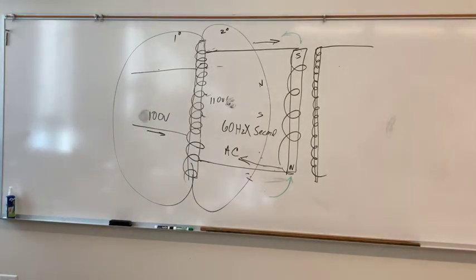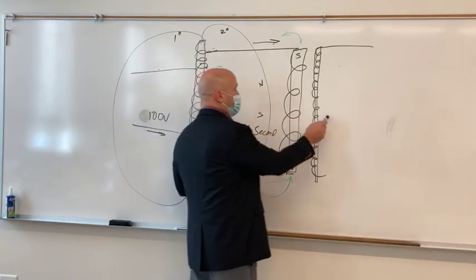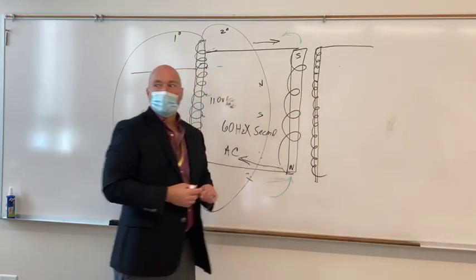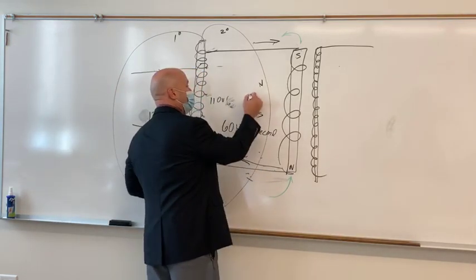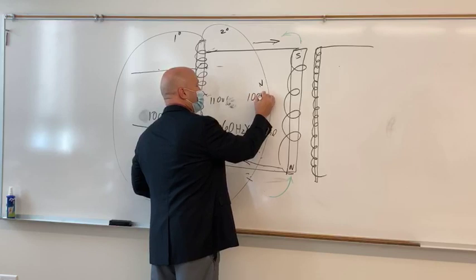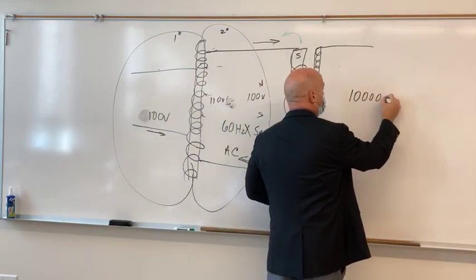And number three, whatever. Number four, though, what does number four say? Number of turns. So what did I do between the primary side and the secondary side? Increase the number of turns. So that what I get is, if I feed this thing 100 volts, what I'm going to get on the other side is maybe 100,000 volts.